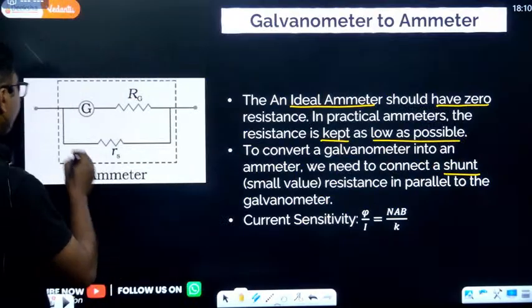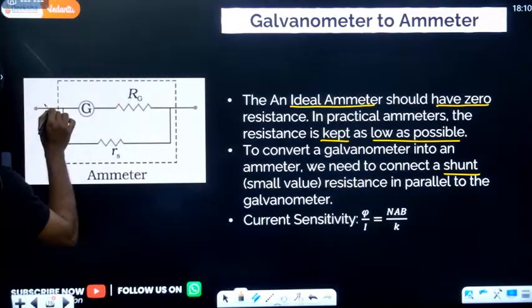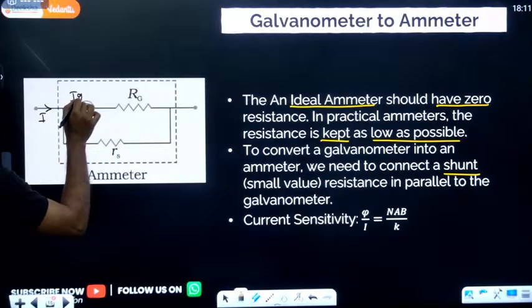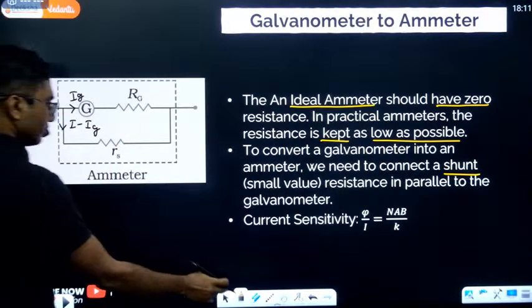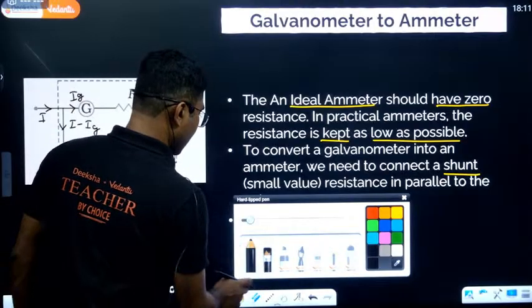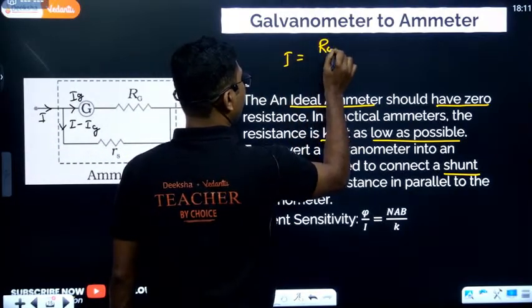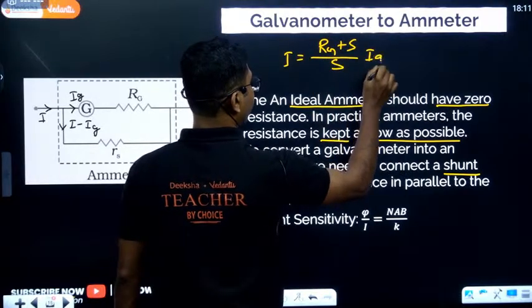If the current in the circuit is I, the current through the galvanometer is Ig, and through the shunt is I minus Ig, then you also need to show that the current I is given by (Rg plus S) by S into Ig.